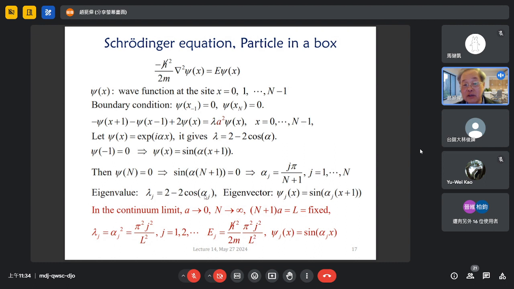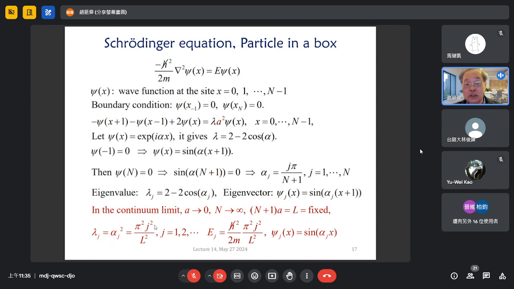So you can do an expansion: cosine of alpha equals 1 minus one half alpha squared. So the 2 is cancelled, and the 2 times the minus 1/2 gives you 1. So you get alpha j squared.